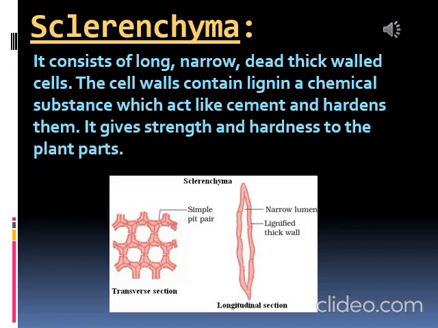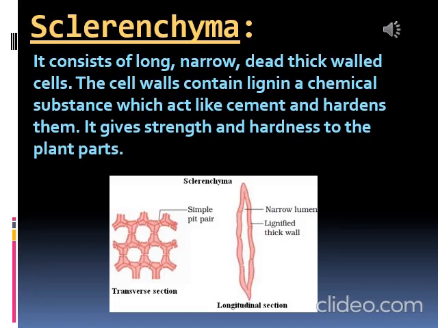So it gives strength and hardness to the plant parts. Sclerenchyma is basically the chief mechanical tissue of plants, which provides them strength and enables them to bear various stresses.